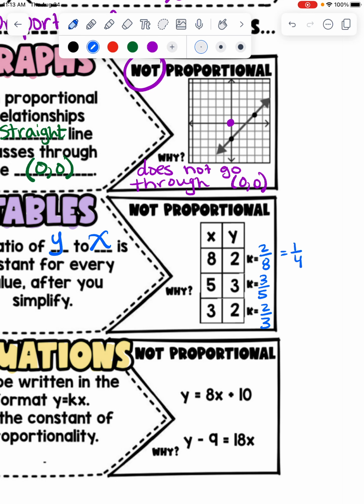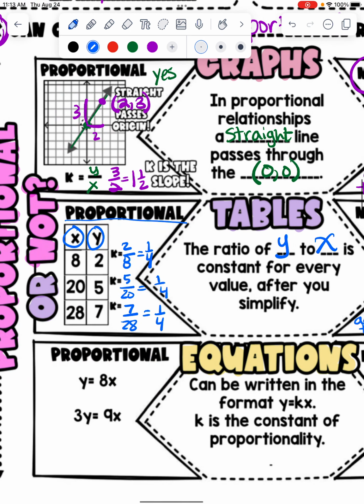Every single ratio of y to x needs to be the same. So we can say the ratios are not the same, or not equal. So it doesn't have a constant of proportionality because they're all different, all those ratios. Over here, in the first example with a table, the constant of proportionality is 1/4 because they're all the same.